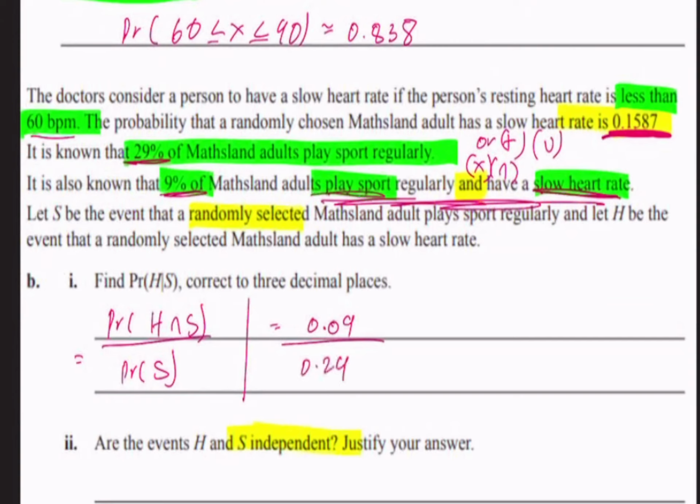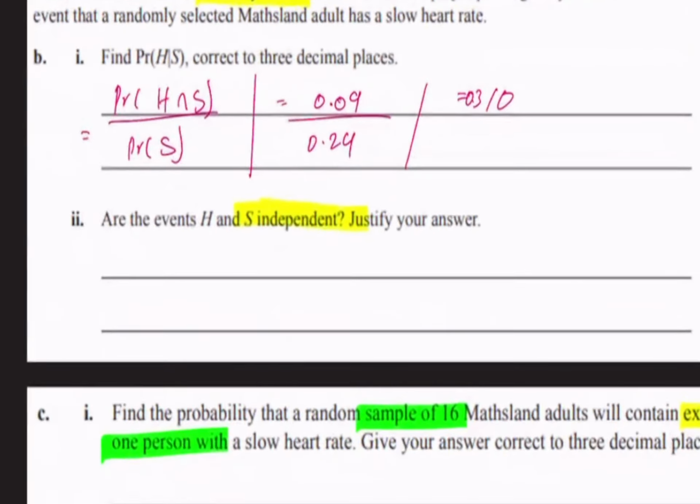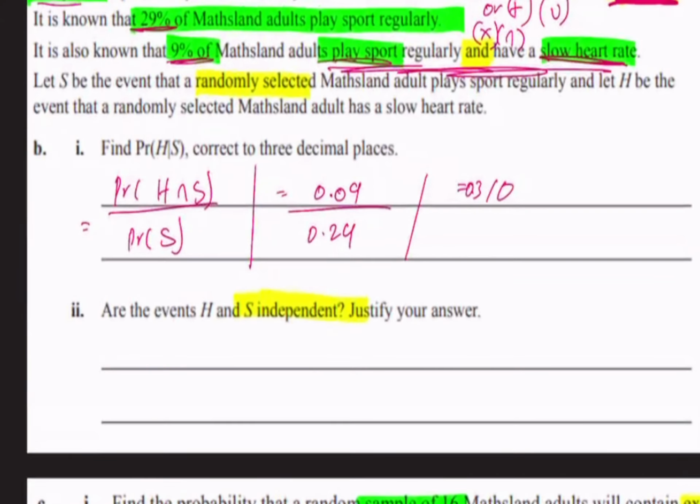There we go, and we just chuck that into a CAS. I think it's exactly 0.31910. So are H and S independent?